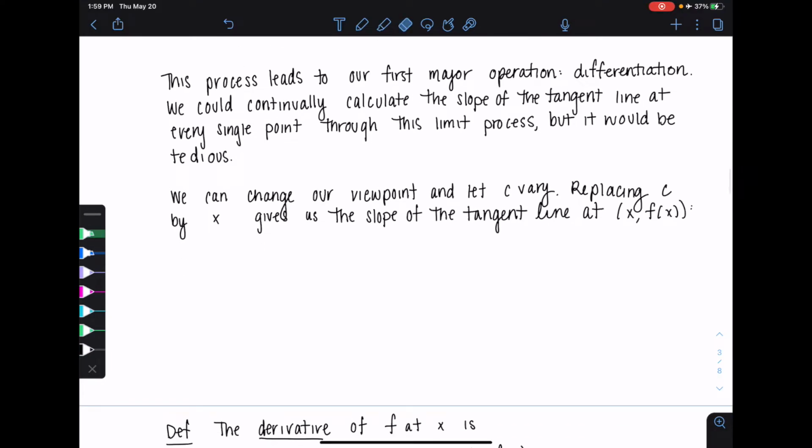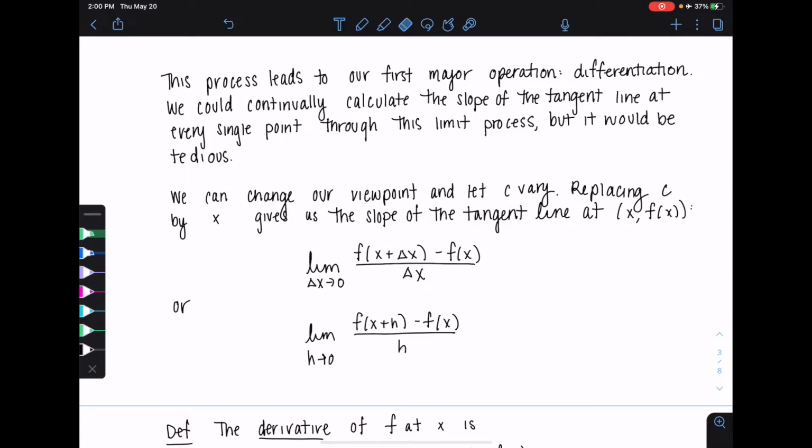So this tells us the slope of the tangent line at an arbitrary point, x and y value, can be given by this. And ultimately, I'm not a fan of really using this delta x. I like putting an h instead. So instead of using this delta x here, we're going to replace it by h.